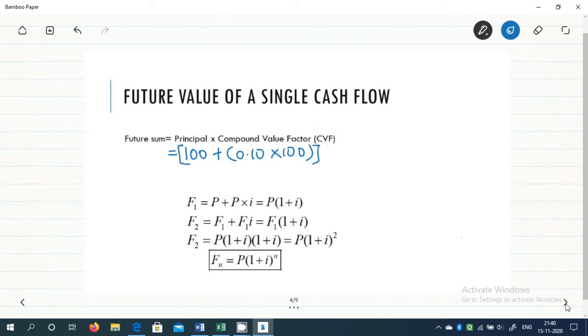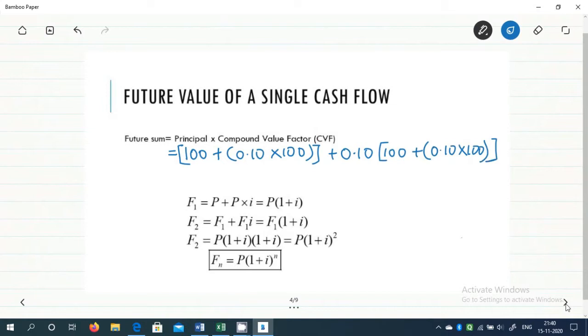Similarly for year 2, the rate of interest into this amount: 100 plus 0.10 into 100.